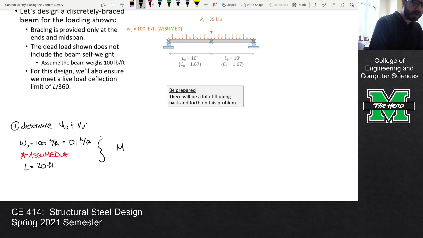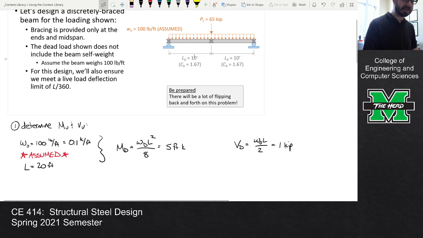So our dead load moment is going to be wL squared over 8. When you chug that out, 0.1 times 20 squared over 8 ends up being 5 foot-kips. And then our dead load shear is just wL over 2, which ends up being 1 kip.